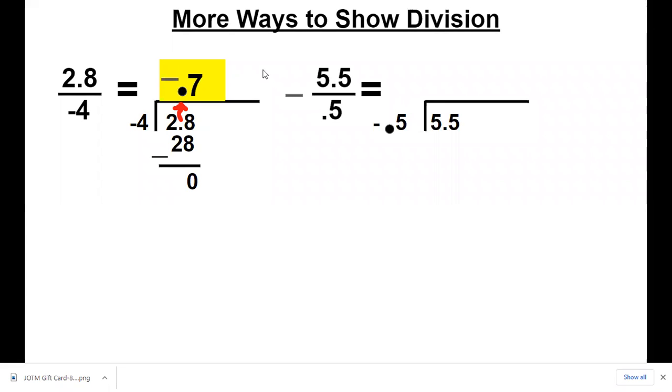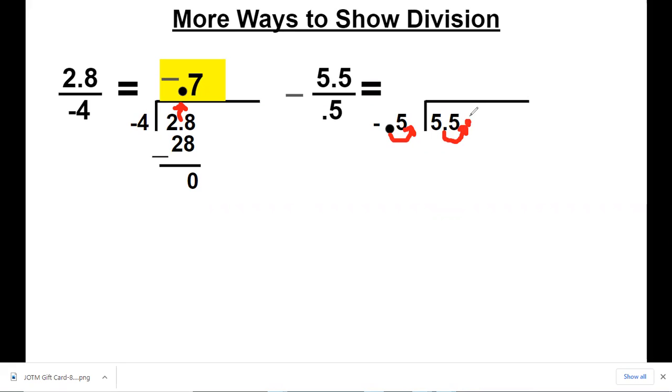So how do we do this? Well, our first step is to get this decimal here. This decimal here has got to move before we can divide. So this has to actually move right here. Get it to the far right side. If I move this one spot, I have to move this decimal one spot. And my decimal is now going to be right here.